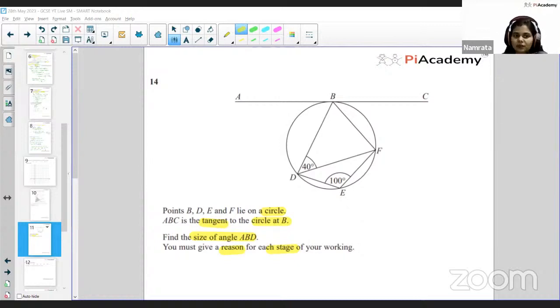So here it's given that EDBF is a cyclic quadrilateral. If we carefully observe, the quadrilateral is inside the circle. So I'll write that down.